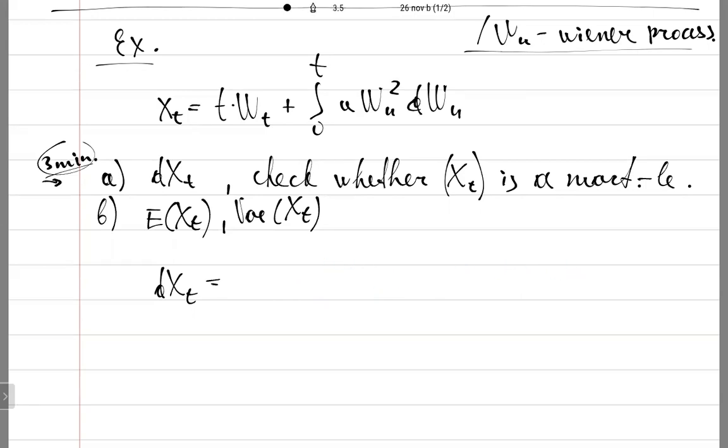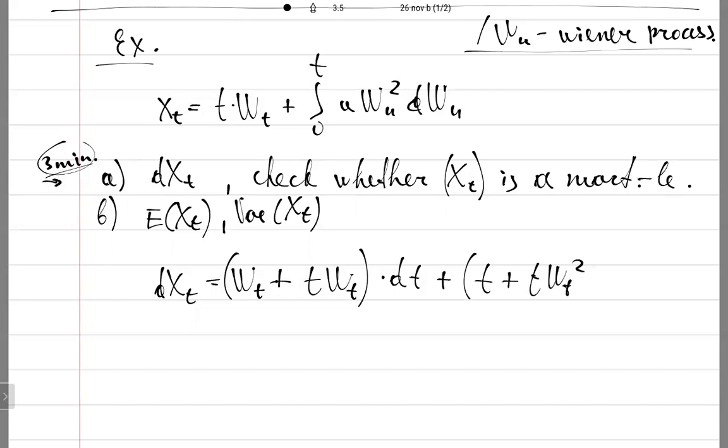May I first suppose an answer? In brackets, W_t plus t times W_t. Plus t multiplied by W_t, then brackets dt, plus brackets, t plus t W_t squared, dW_t.